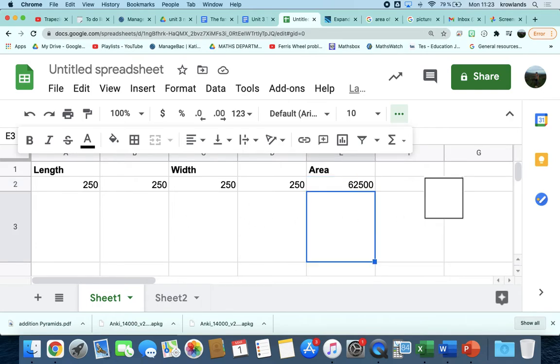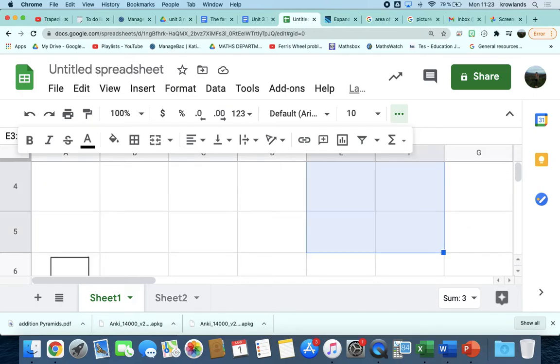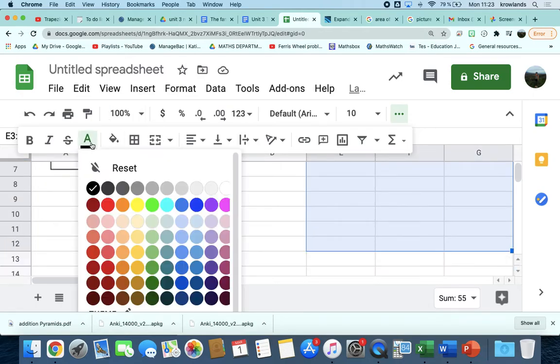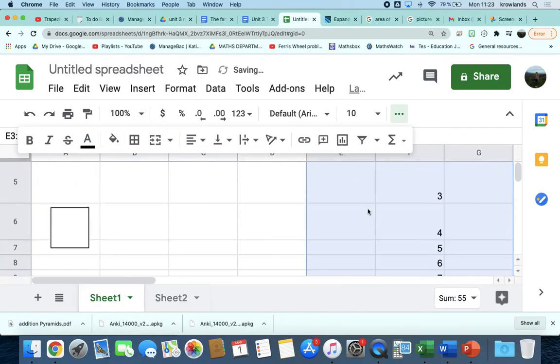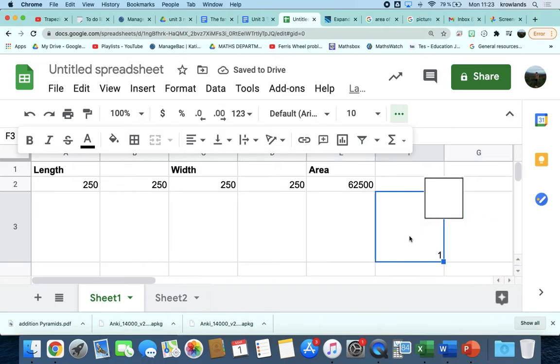So my idea with this is the following. What I'm going to do is alter either the length or width by 1, by decreasing it by 1, and then I'm going to alter the length or width by increasing it by 1.